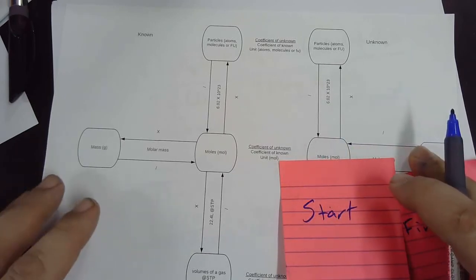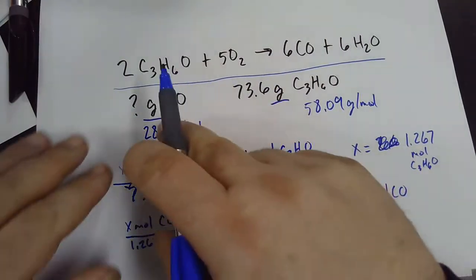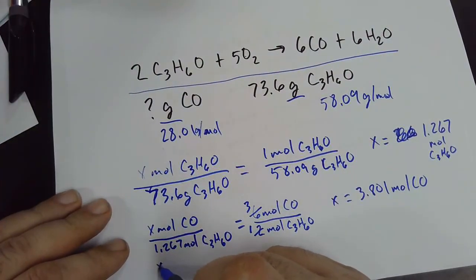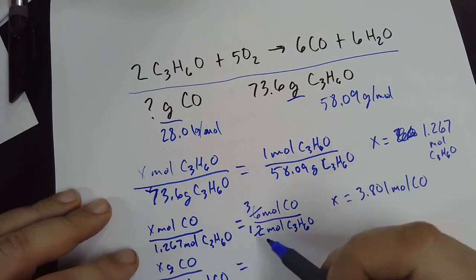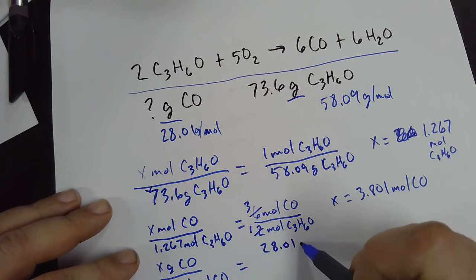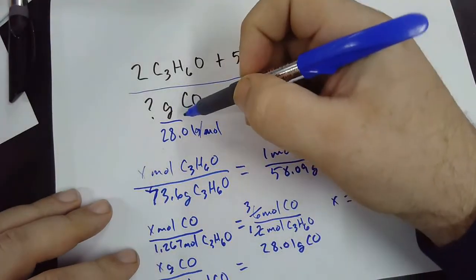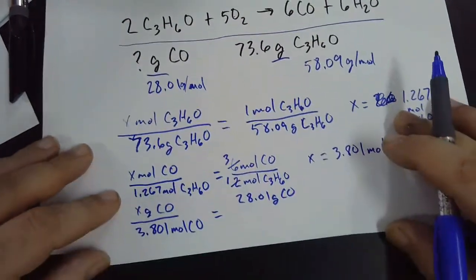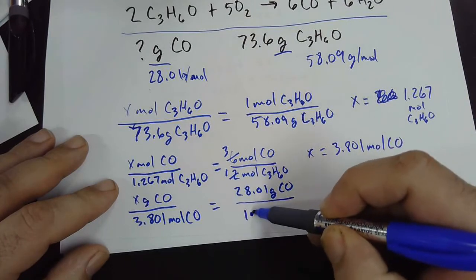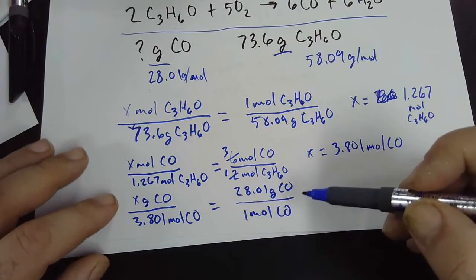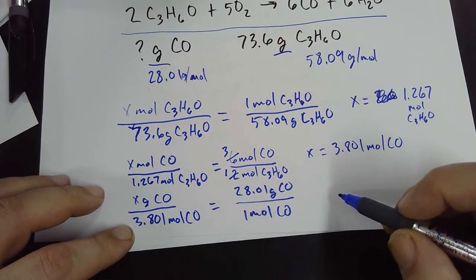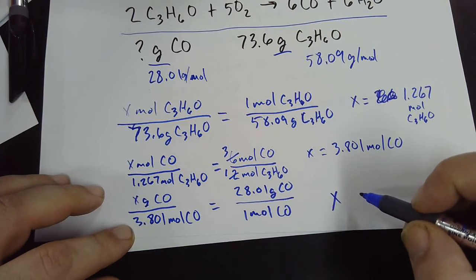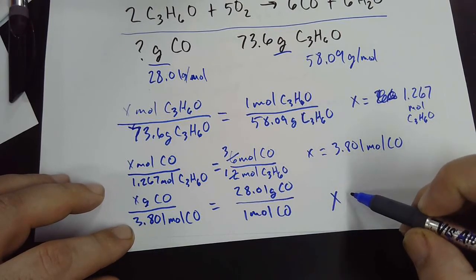Now we're just doing a mole conversion using the molar mass of the CO. So we're going to say X grams of CO over 3.801 mole of CO is equal to the 28.01 grams of CO, which is the molar mass that we found, over 1 mole of CO. So now we're just going to take the 3.801 times the 28.01. What do we get? 106.466.